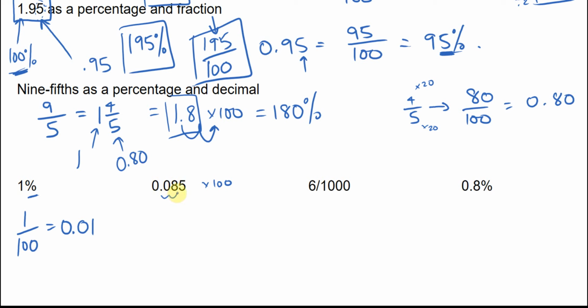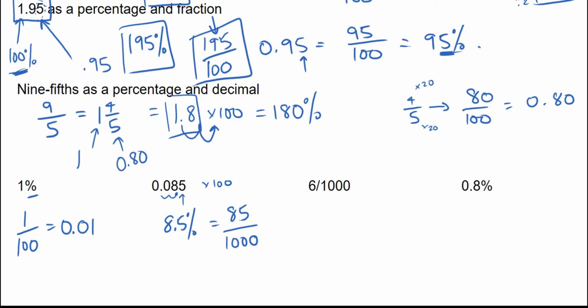So we would end up with 8.5%. And to write that as a fraction, again go to the last digit, identify the place that that digit is in. So that 5 is in the thousandths place. So that's going to be our denominator, and we've got 85 of them, so 85 thousandths.